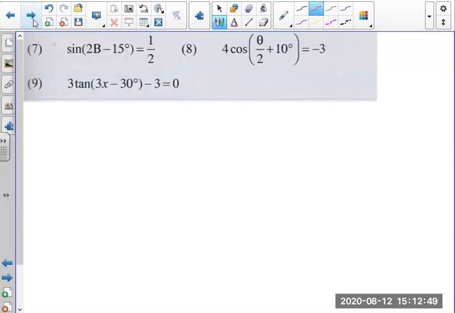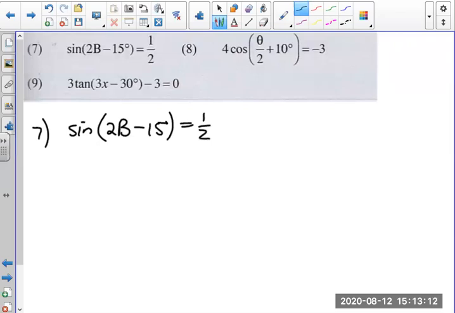Now, if I go to number 7, I'm going to do number 7 because it's a sine one as well. So if you use my method, I'm going to show you both. Then you say, okay, it's sine of 2b minus 15 equals a half. You don't have to work with reference angles.